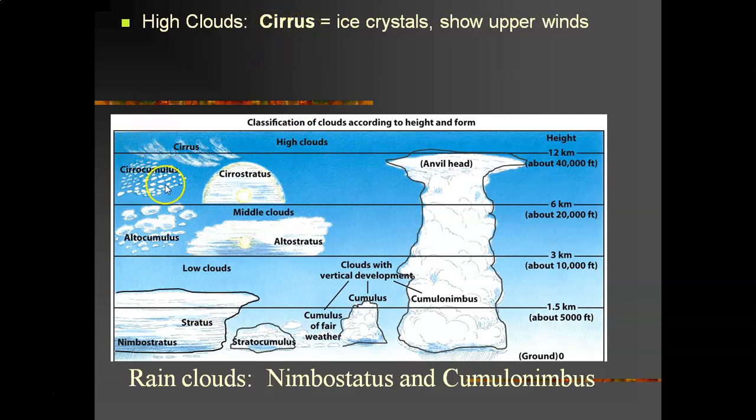Now, because it's so cold up there, 60 or 80 below zero, all the clouds are made up of ice crystals. They're all frozen. And so the classic are cirrus clouds. They're thin, wispy clouds, and they're neat to see because these wisps often show the direction of the upper level winds or the jet stream aloft.